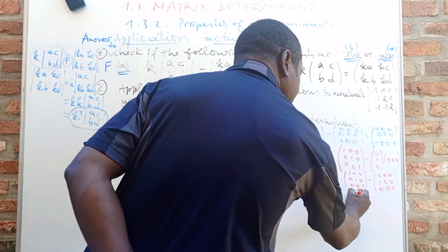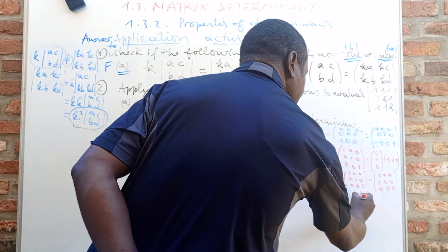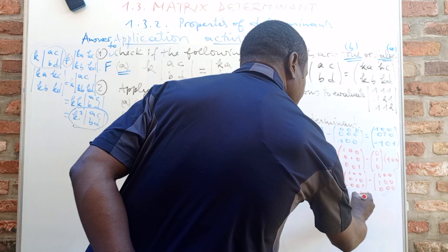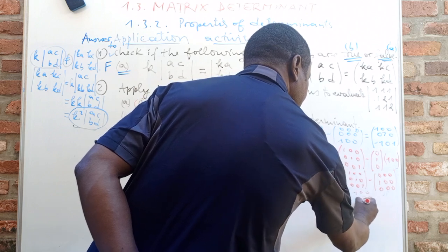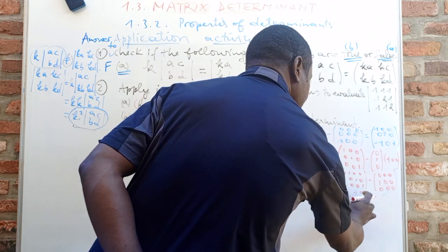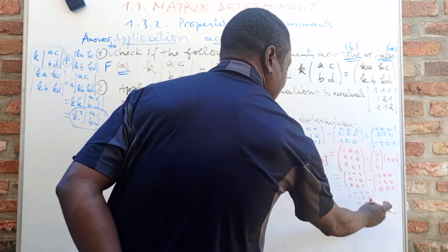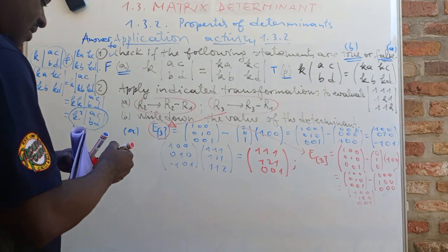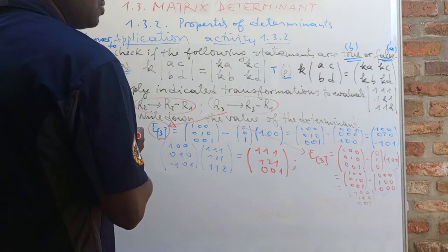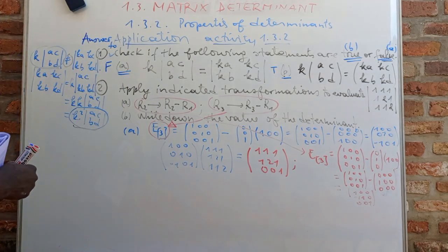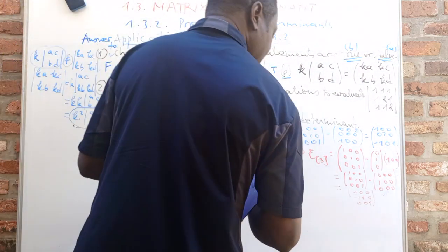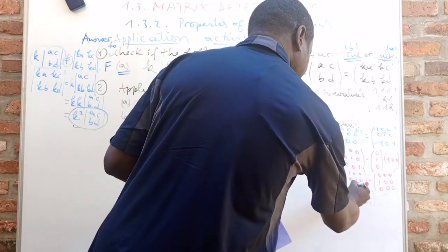This is 1 1 0 0. Now this is negative 1 0, then 0 0 1. No, one here, one here, because the determinant must be one in order not to change the determinant. Okay, so this is the transformation.